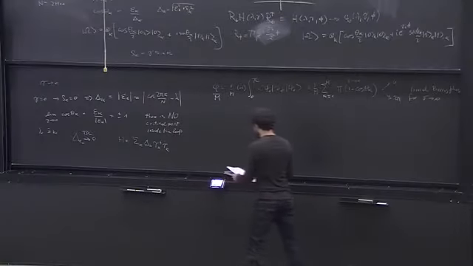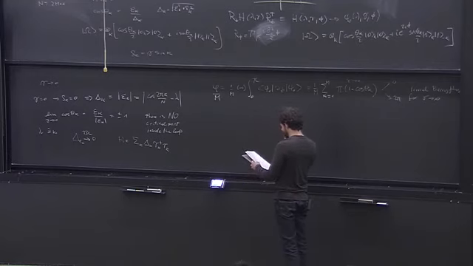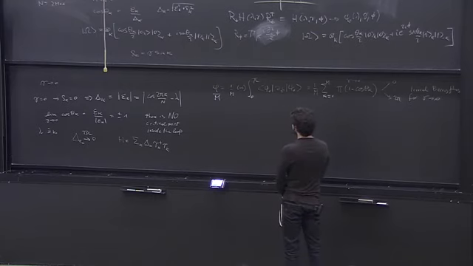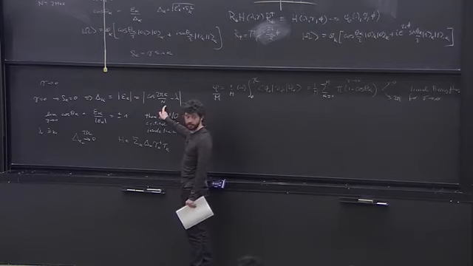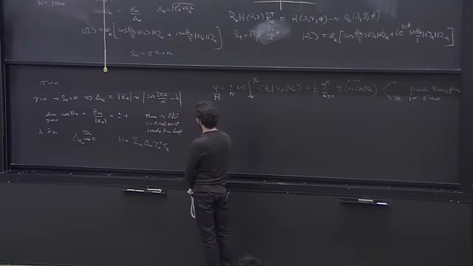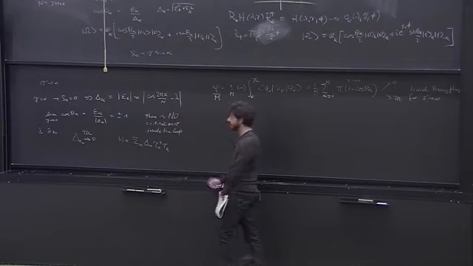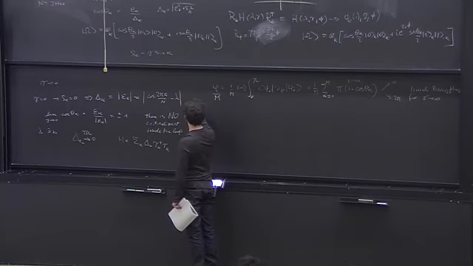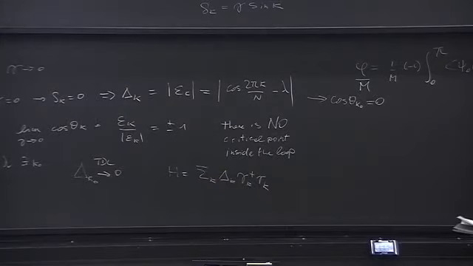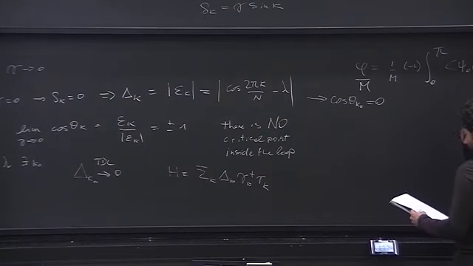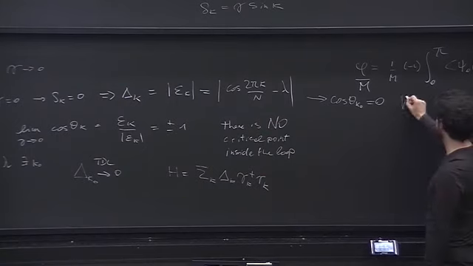However, if there is a critical point, then this is 0, which immediately implies that cosine theta k is equal to 0. For that k0, theta k0 is equal to pi over 2, for every gamma.